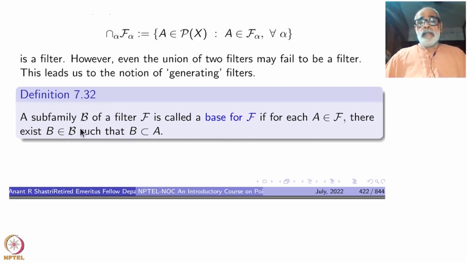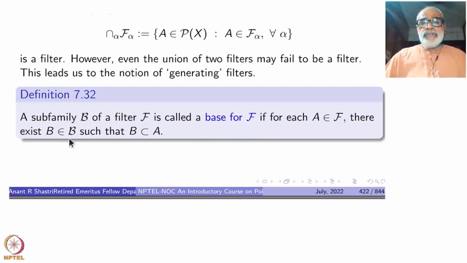Okay. In other words, take a member of B, curly B, take all supersets. They are allowed to be inside F. That is the construction here now. That is where we are leading towards. So we have made a definition of a base here. For example, the entire F is a base for itself, just like in a topology. Okay, the entire set is a base.